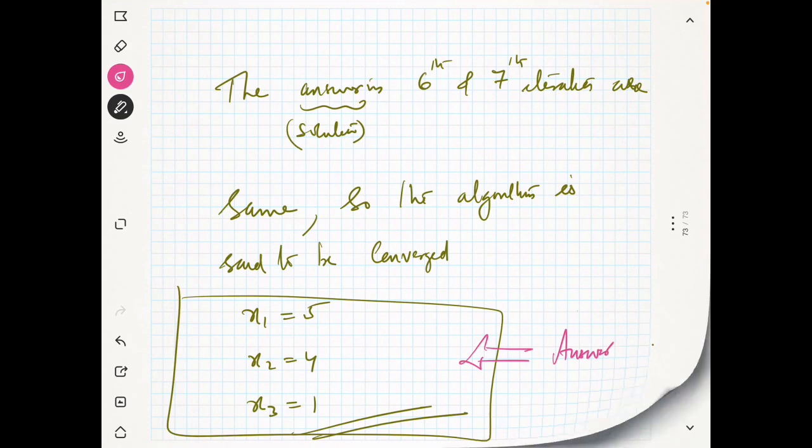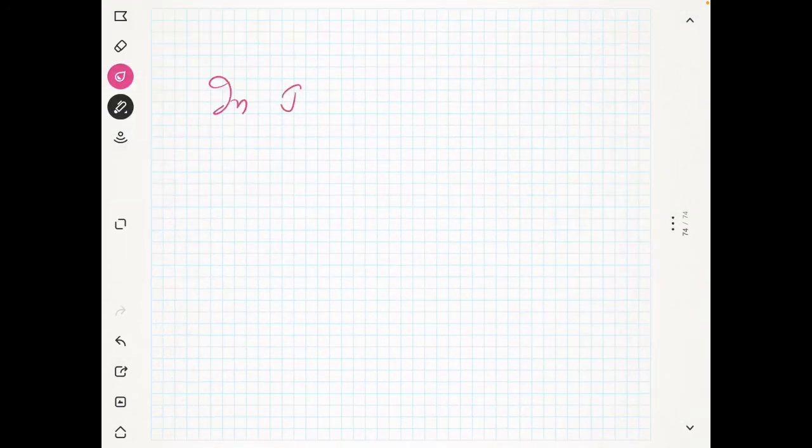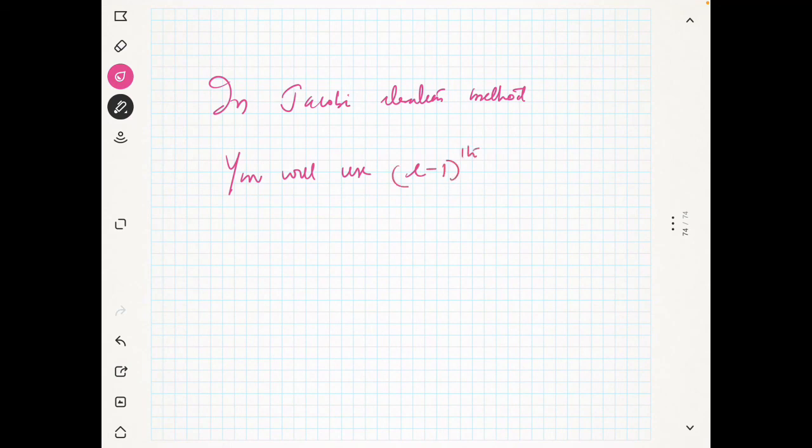So in Jacobi iteration method, you will use the I minus 1th iteration values. That means the values you obtained during the I minus 1th iteration to obtain the solution at the ith iteration.